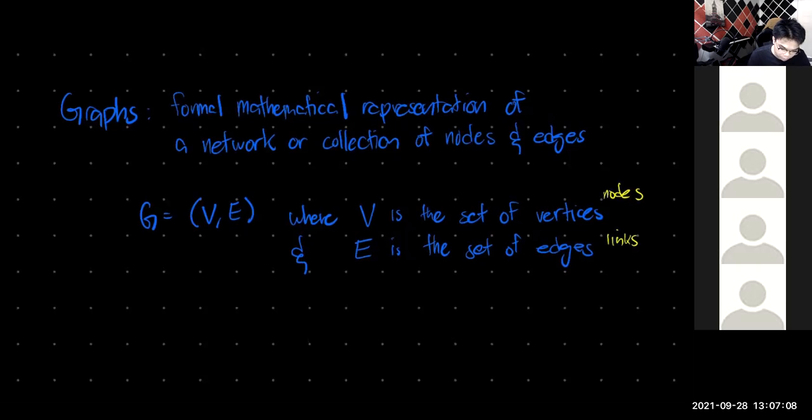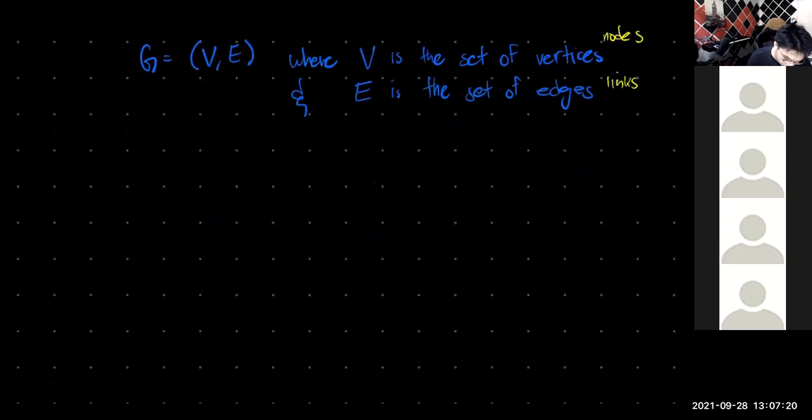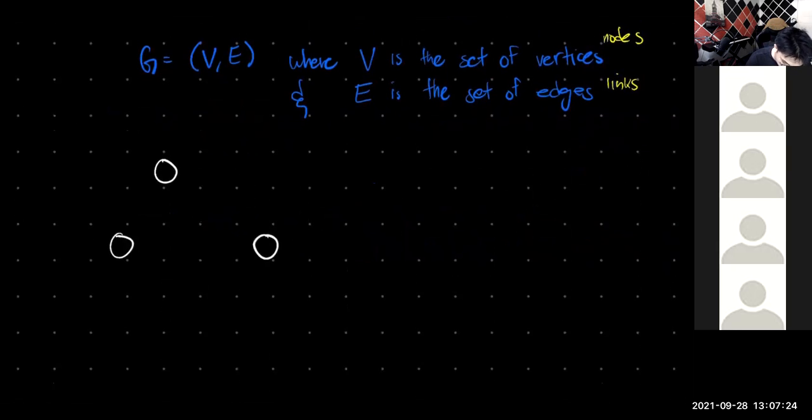And how it would look would typically be something like this. So let's define something here. Let's have here 1, 2, 3, 4, 5.